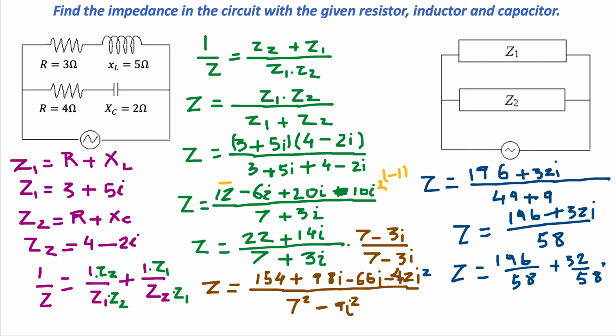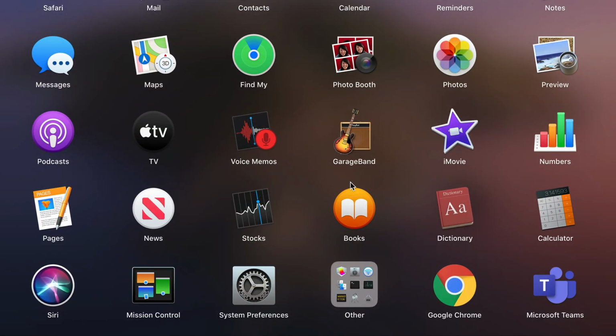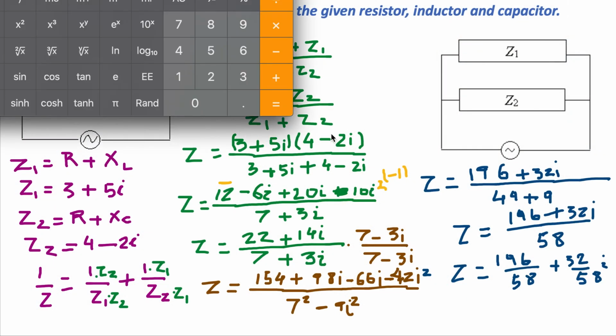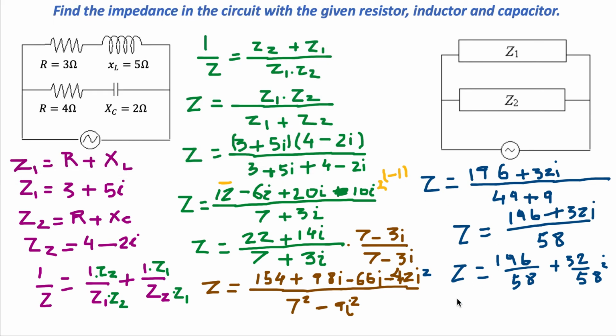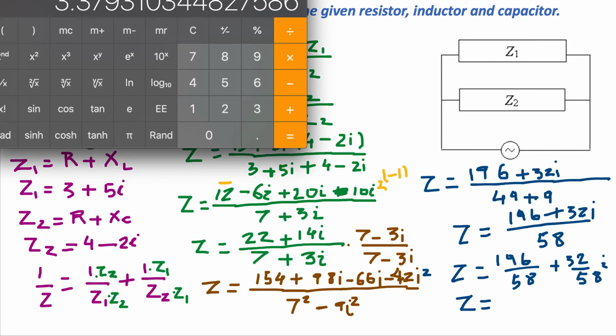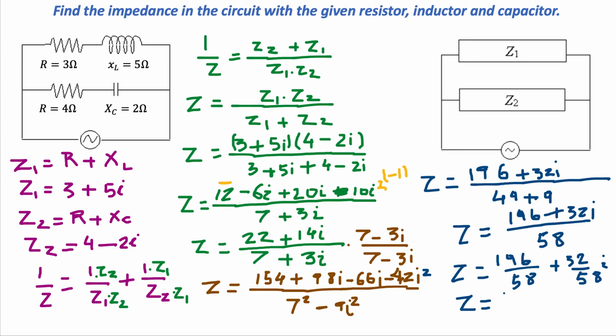And in the end, if we want to get decimal numbers, and if it's not a big deal, we can use a calculator and divide those numbers, which is 196 divided by 58. And it is equal to 3.38. So z is equal to 3.38.